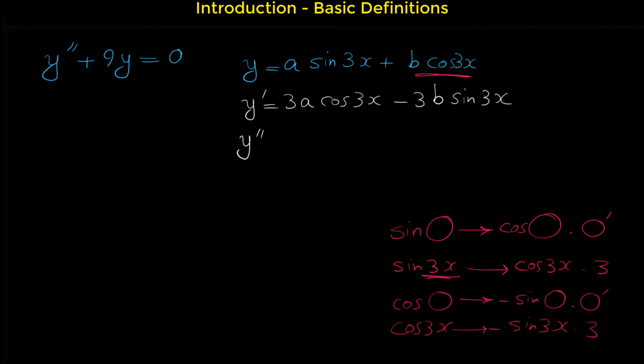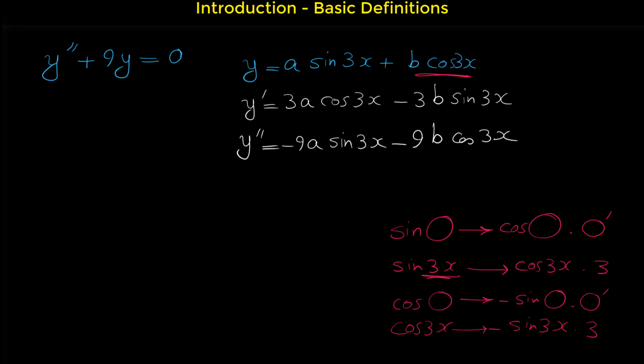Second derivative, y double prime, equals, if again we take the derivative, cosine is negative sine, and don't forget to multiply by the derivative of inside, and the derivative of inside is 3. If we multiply that 3 by this 3, we get 9. So we have negative 9a sine of 3x minus, the derivative of sine of 3x is 3 cosine of 3x. If we multiply that 3 by this, finally the derivative is negative 9b cosine of 3x.